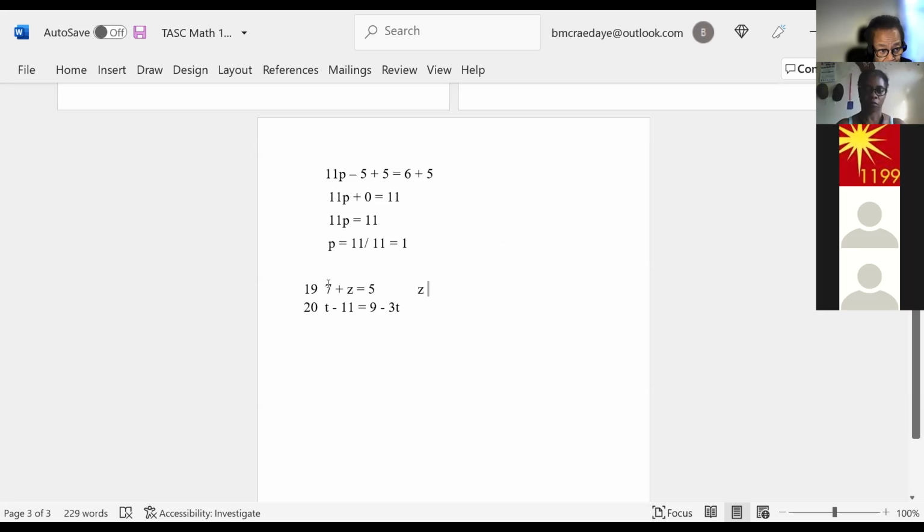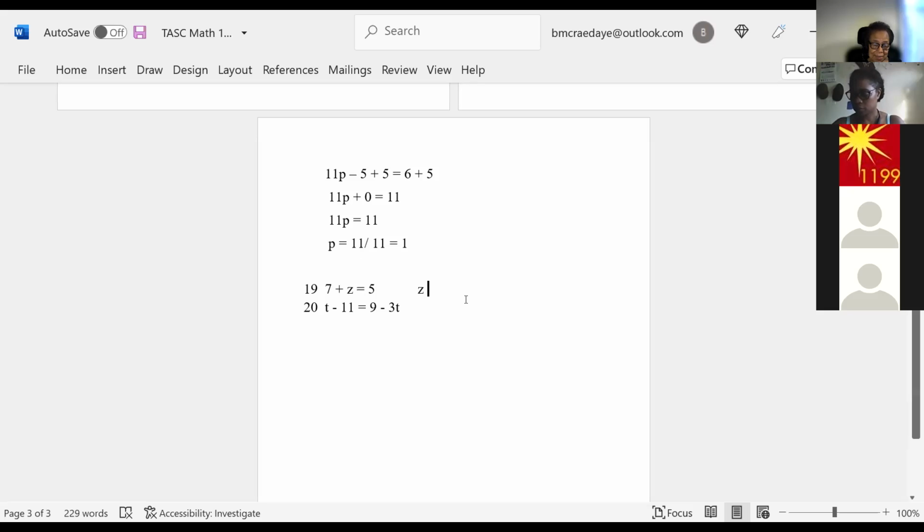Because if you're going from a 7 to a 5, whatever you add to it has to be negative because the number decreased. So that's what you can tell yourself: if I'm adding a variable to a number and I get a smaller result, then that variable has to be negative.